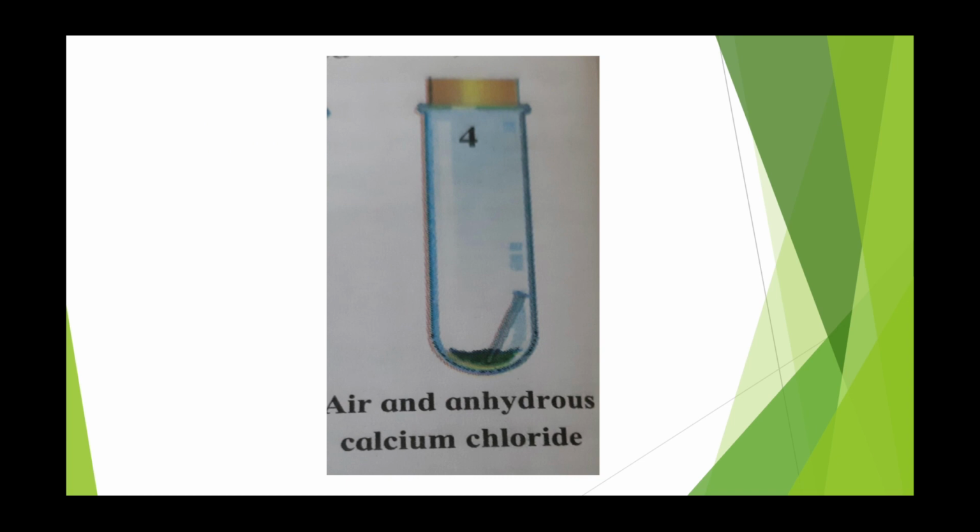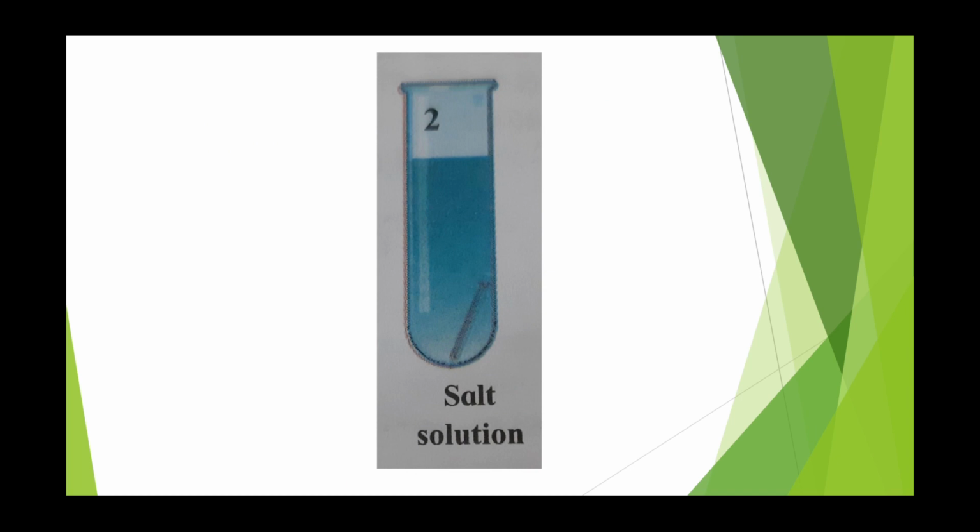Hence, there is no change at all in the iron nail. But in the second test tube, containing salt solution, both water and air are available and hence we observe the rusting of iron.